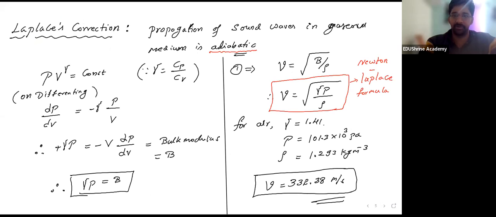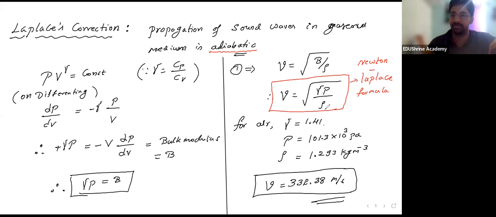Adiabatic means PV power gamma equal to constant, there is no exchange of heat. So using PV power gamma equal to constant, we get the Newton-Laplace formula, and by using that, we get the V value 332.38 meter per second, which is equal to the experimental value.